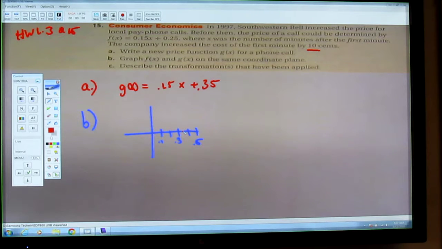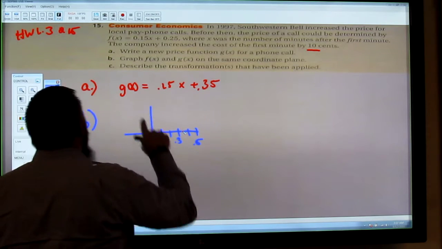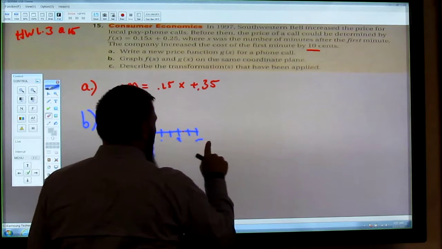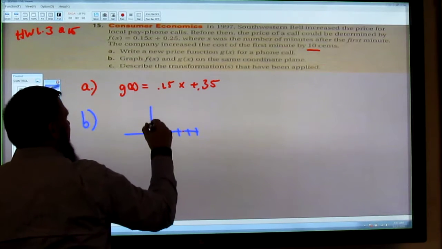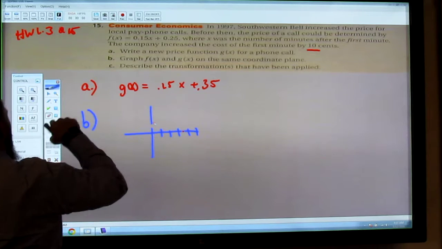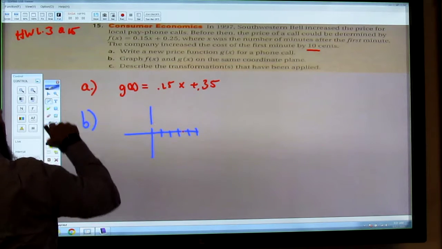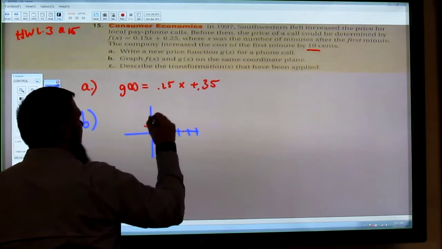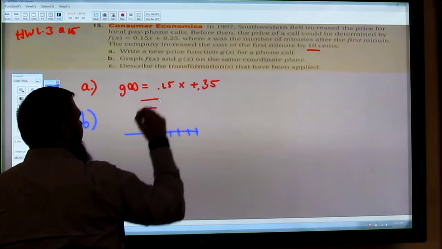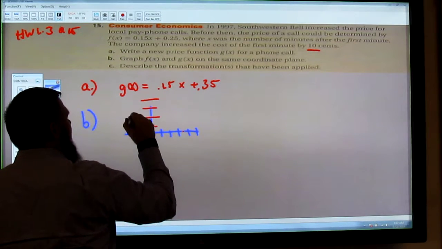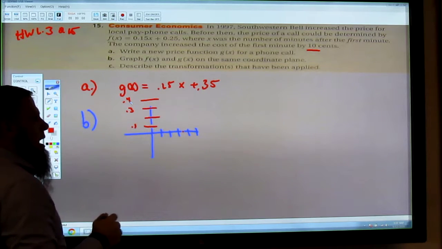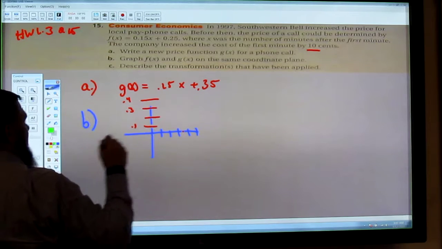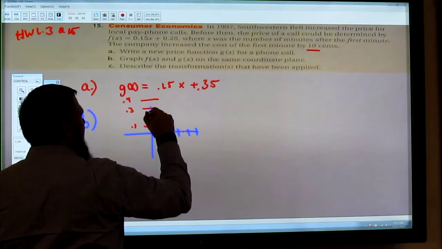So instead of doing this here, this is going to be our y, so we'll put it right here, in this red. We'll put 1, 2, 3, 4. Remember, 0.1, 0.2, 0.3, 0.4. And we know that this line is going to cross at 0.35. Oops, not there. I was wrong.